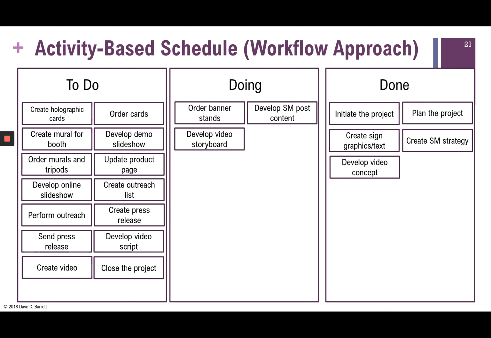There's another sort of specialized type of tool. This is something that you will see in more detail in chapter 17 of the textbook, which refers to Agile, and this is a workflow approach schedule, which orders the activities into things that need to be worked on, things that we are working on, and things that are done.